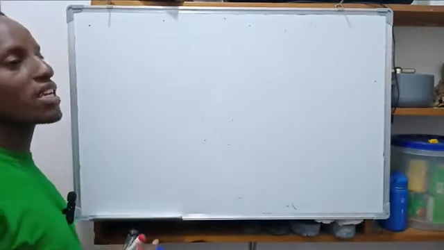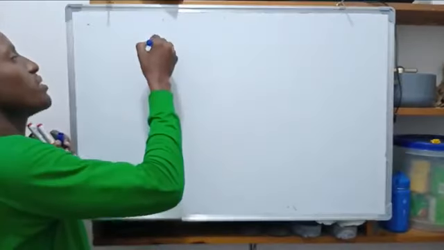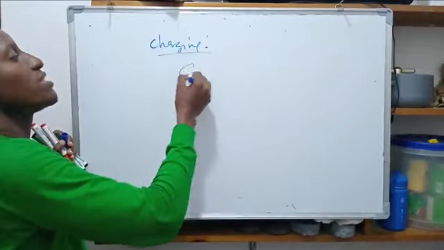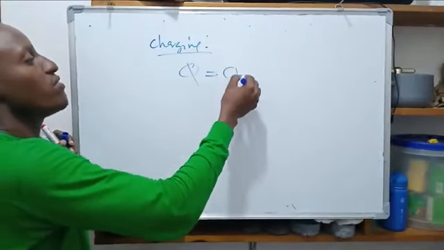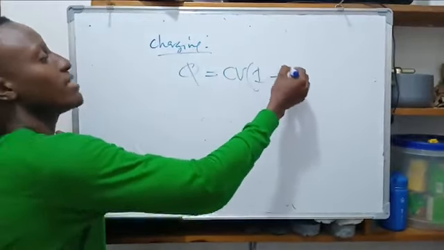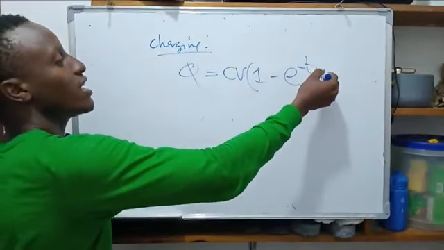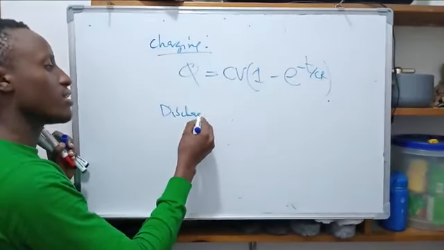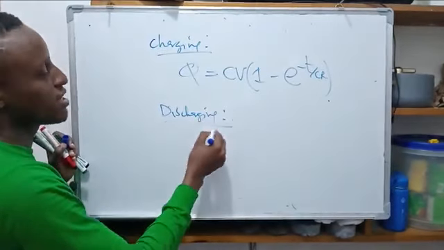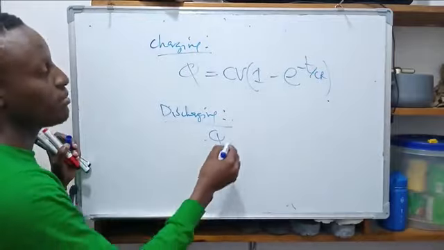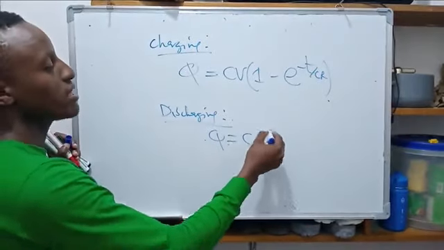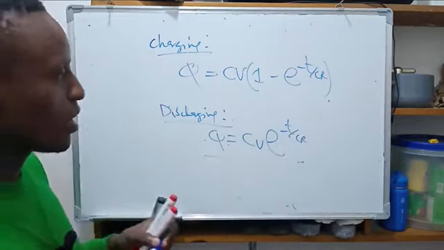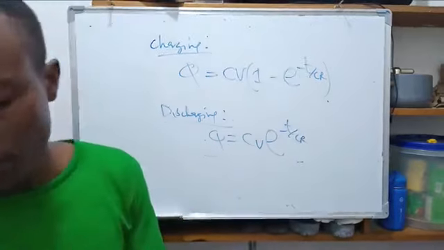When speaking about charging, it is always the charge equal to CV times 1 minus E negative t over CR. But for discharging, everything comes from here. It's just equal to Q at a given time, equal to CV, E negative t over CR. That's what happens.